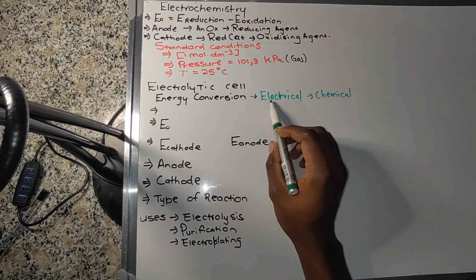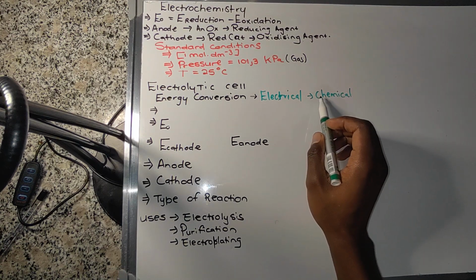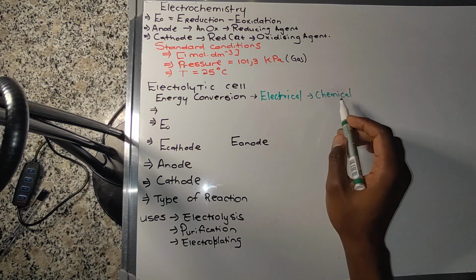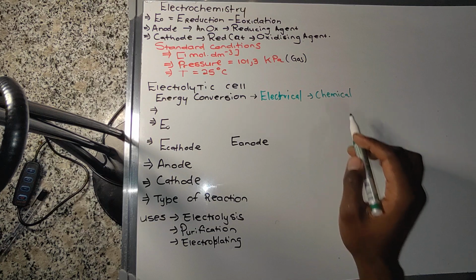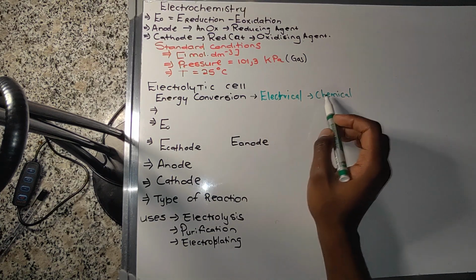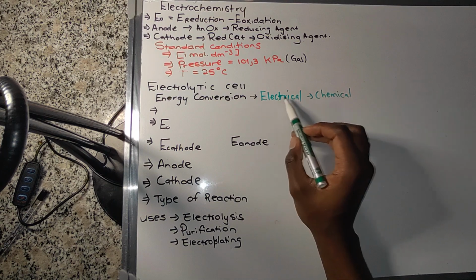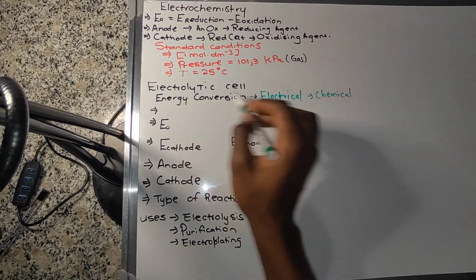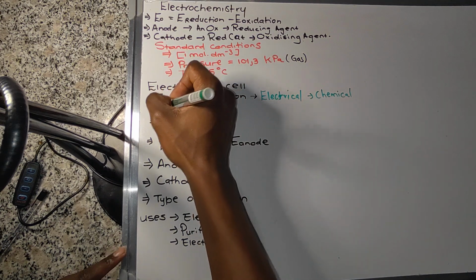Okay, so we're using electricity to cause some chemical reactions to happen, and these are reactions that wouldn't happen otherwise. So if we're using electricity to get some reactions to happen, that means we need to have some source of energy. So now an electrolytic cell will have a battery.